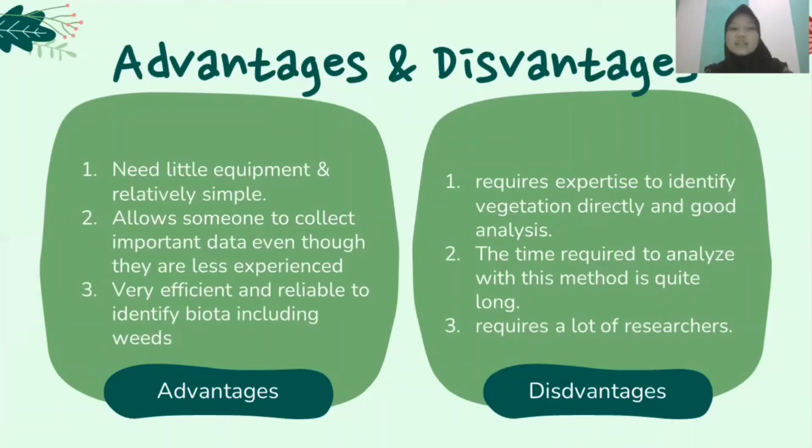And the third one is very efficient and reliable to identify biota including weeds. And the disadvantages, the first one is requires expertise to identify vegetation directly and good analysis. The second one is the time required to analyze with this method is quite long. And the third one is requires a lot of researchers.